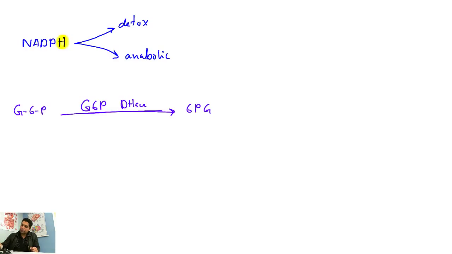There's one more enzyme, isocitrate dehydrogenase. What does it do? It takes isocitrate and converts it to what? Alpha ketoglutarate. Very good.